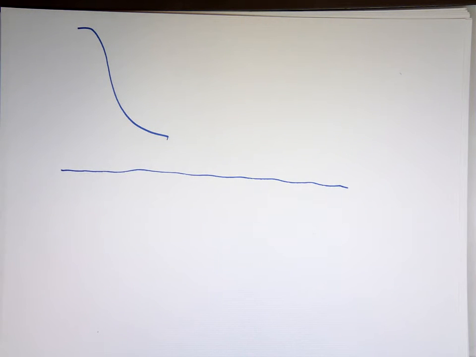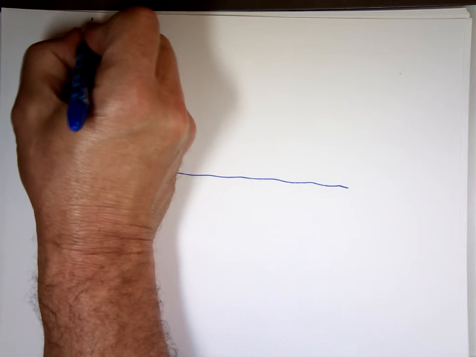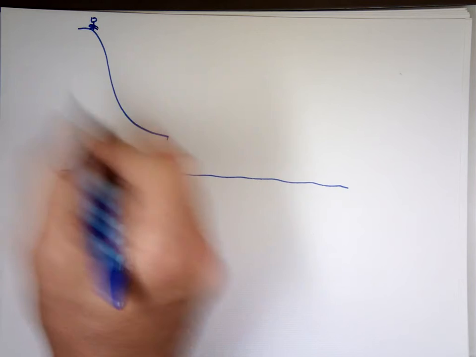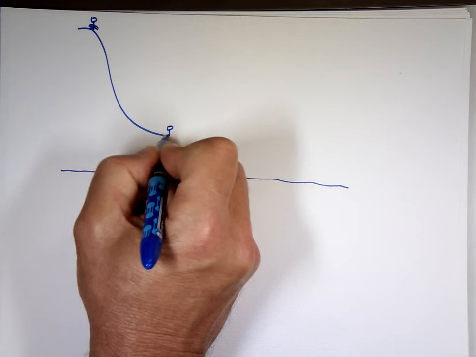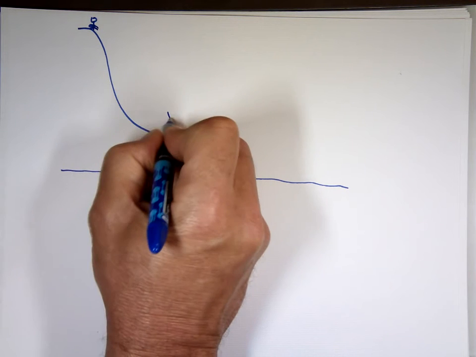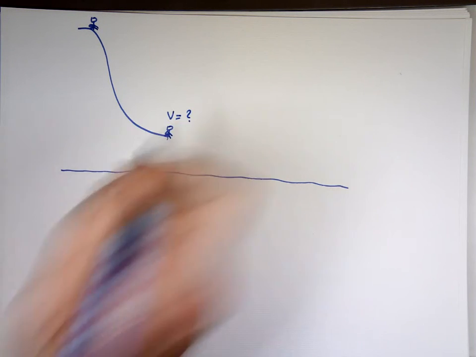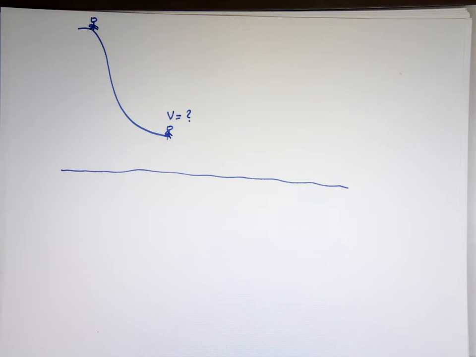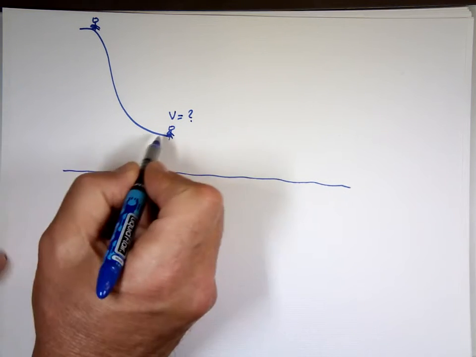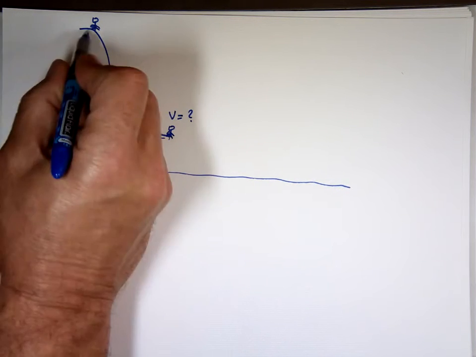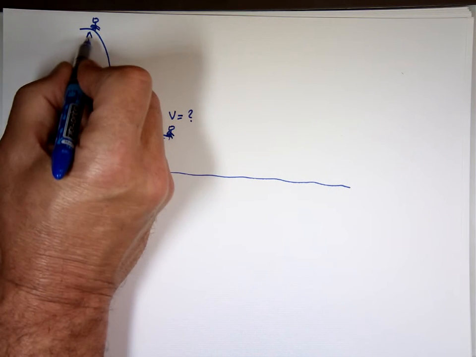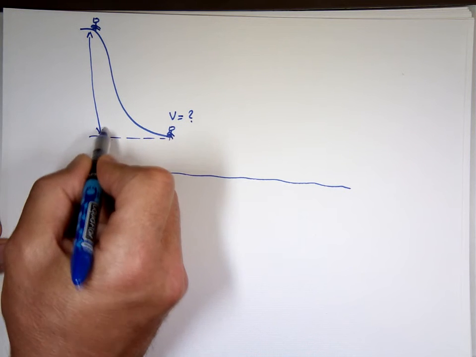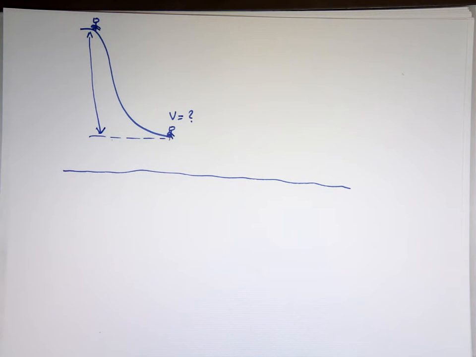You're sitting up here, again, the same thing. And you're going to come flying down here. And the question, what's your velocity right here? Let's give you some height here. How high this point from this? I don't know. What is a water slide normally? How many meters? 2 meters high maybe?